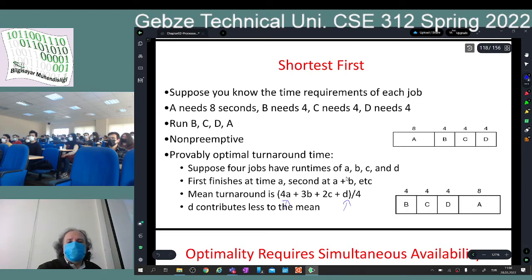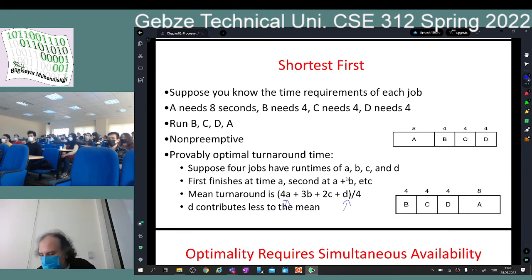If I do it this way, A will have to wait only this much, and B, C will have to wait only this one. So shortest time first will make it better for your turnaround time, it will be smaller. So it is probably optimal turnaround time.